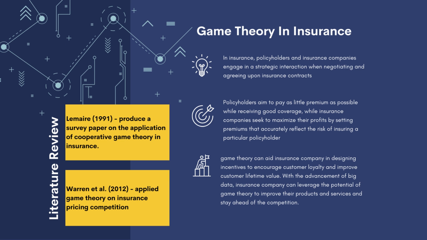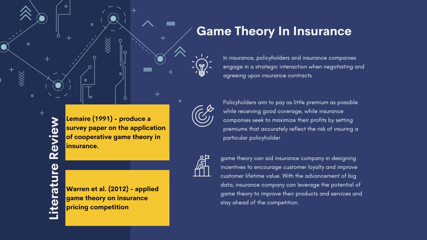Okay, Warren et al. 2012 also looked into the price change and the competition. Try to see if we increase the price or lower the price, how will it impact the strategy of the competitor? In general, in game theory in insurance, the policyholder and insurance company engage in strategic interactions when negotiating and agreeing upon an insurance contract.